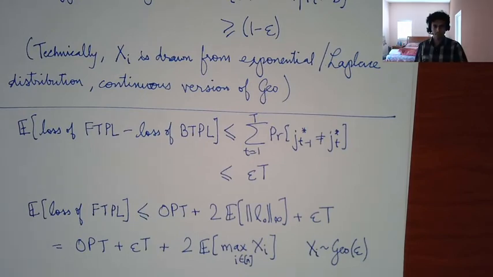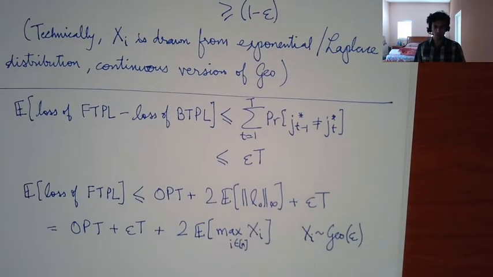So, okay, let's look at this. What is the expected value of xi? You're flipping coins. Each coin has probability epsilon. 1 over epsilon.